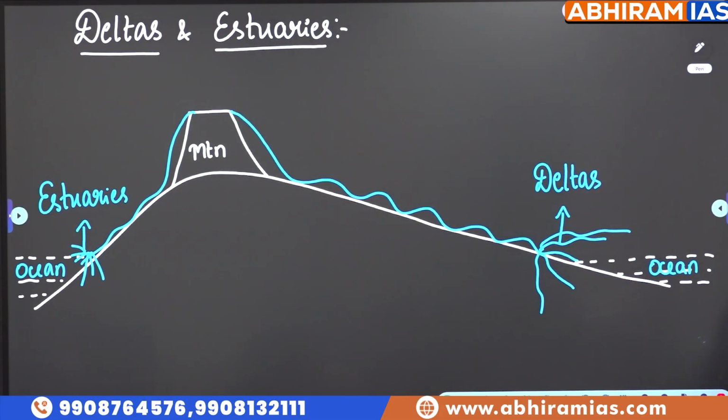And when it covers less area, it would be estuaries.